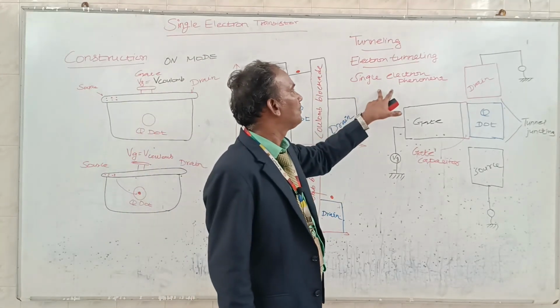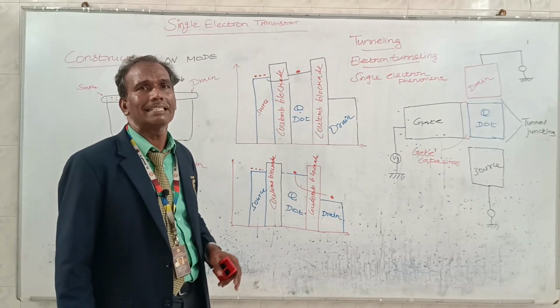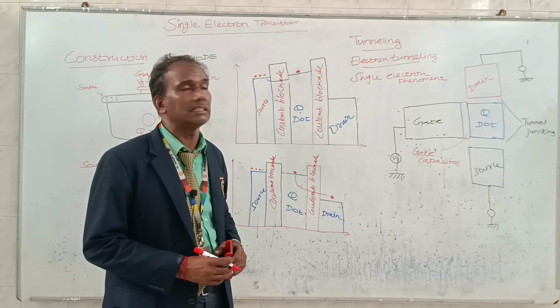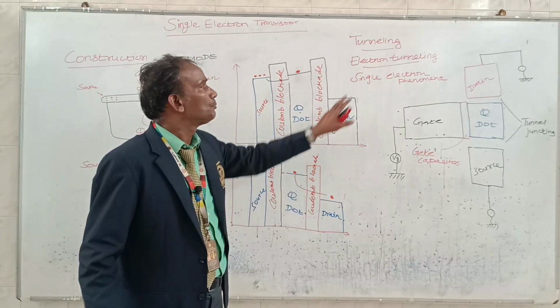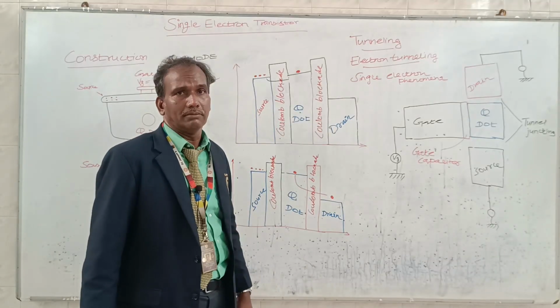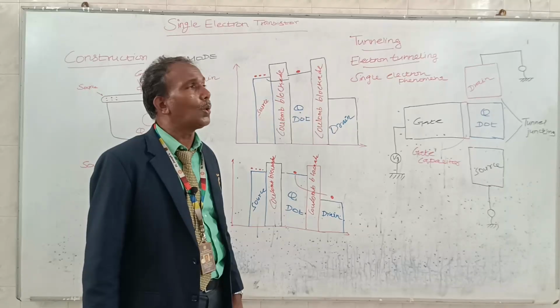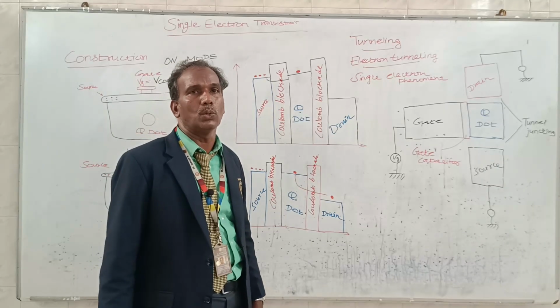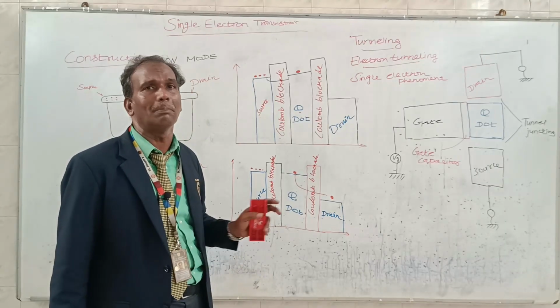There are two rules to be satisfied to get the single electron phenomenon. One is called Coulomb blockade. The other is called overcoming the uncertainty. Let's see the meaning of Coulomb blockade.